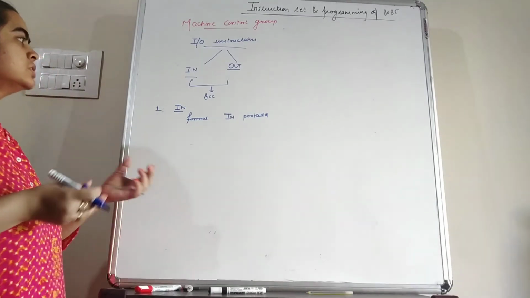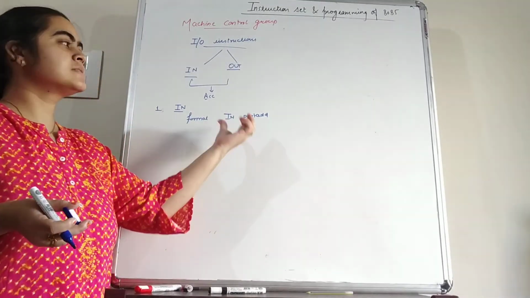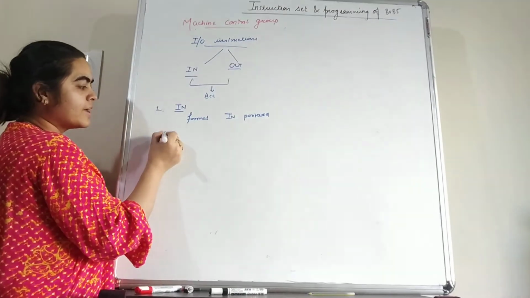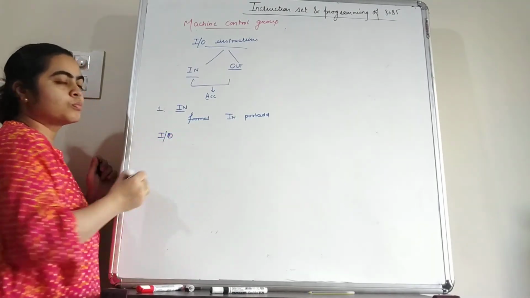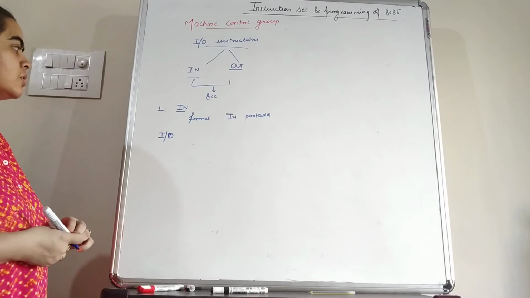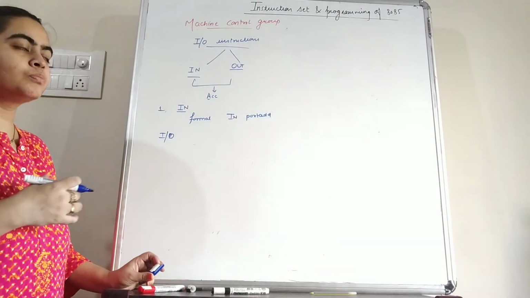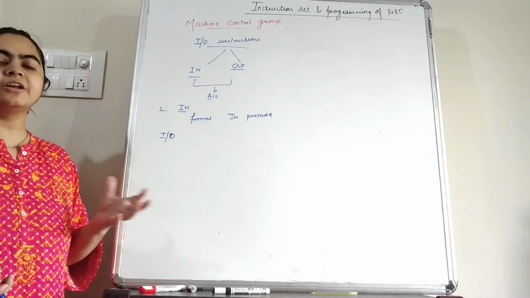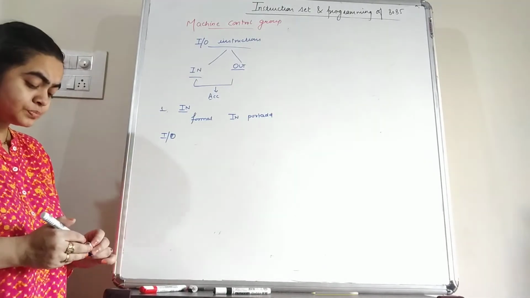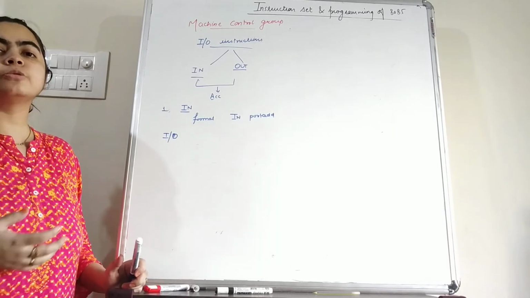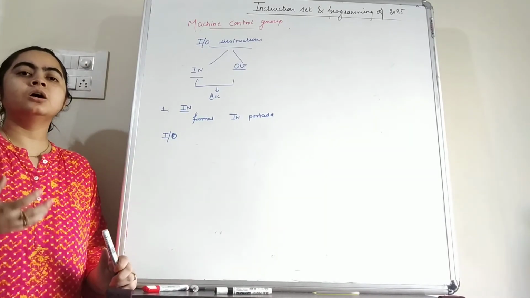Here the port address is the address which we assign to the input and output devices that are connected with the microprocessor. With the microprocessor, a number of input and output, or peripheral, devices are connected. To each and every peripheral device, the microprocessor assigns an address.